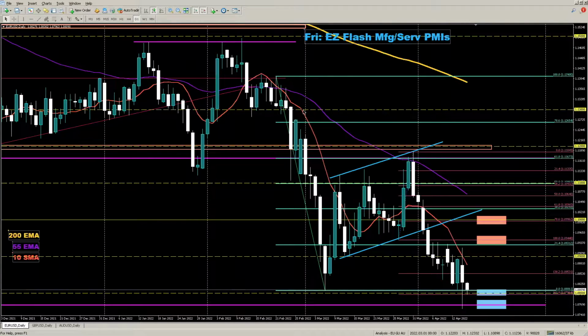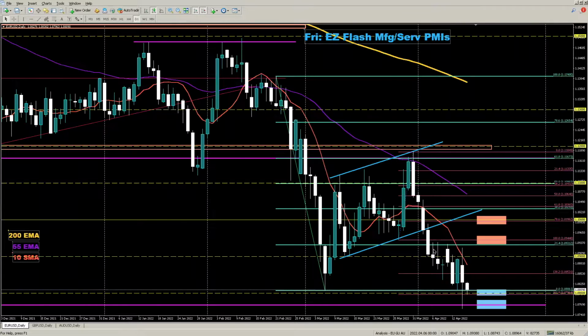Back to the daily time frame. There's a long wick candle here with a bearish body, and on Friday, even though it's mainly a holiday across the world for Good Friday, it did sneak lower just to test the 108 level.